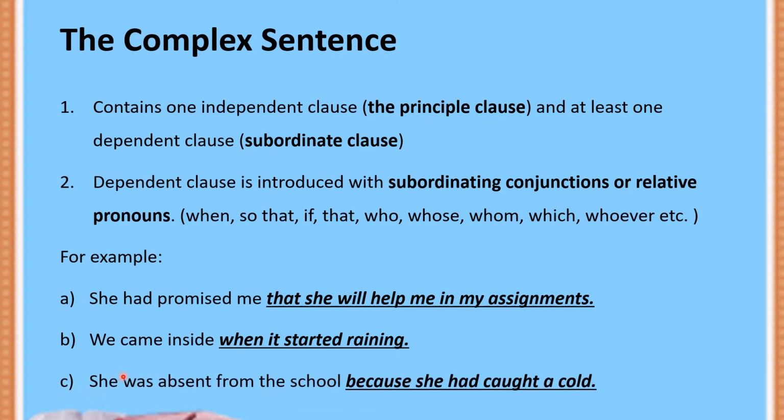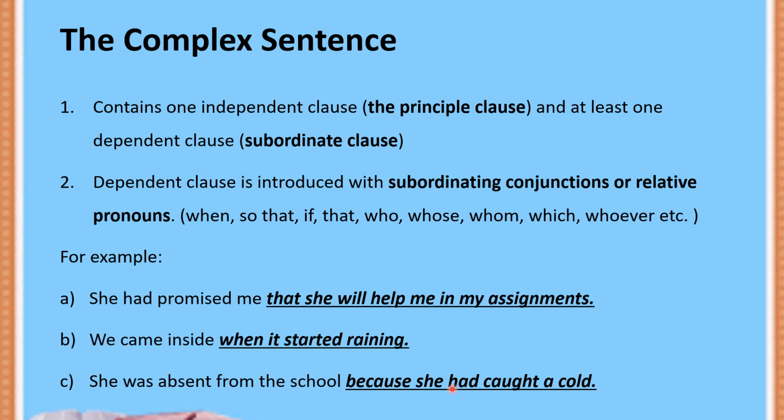See the third sentence. She was absent from the school because she had caught a cold. In this sentence, the first clause, she was absent from the school, is the independent clause. It is the principal clause. While the second clause, which has been bolded and underlined, is the subordinate clause.